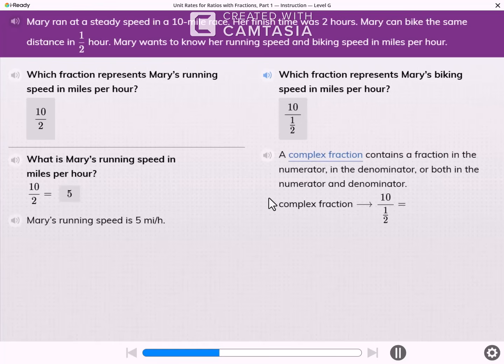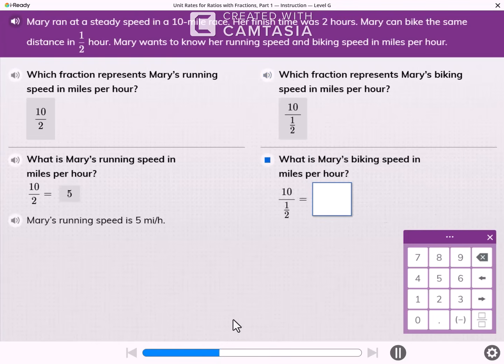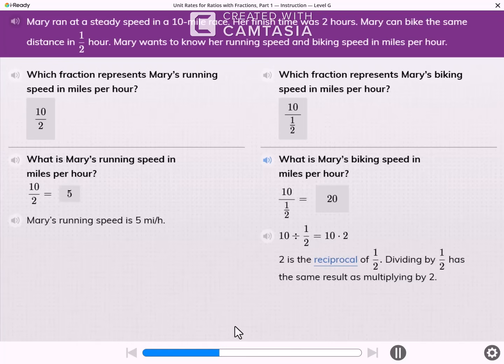You can think of 10 over 1/2 as 10 divided by 1/2. What is Mary's biking speed in miles per hour? 10 divided by 1/2 is equal to 20. Good! 2 is the reciprocal of 1/2. Dividing by 1/2 has the same result as multiplying by 2.